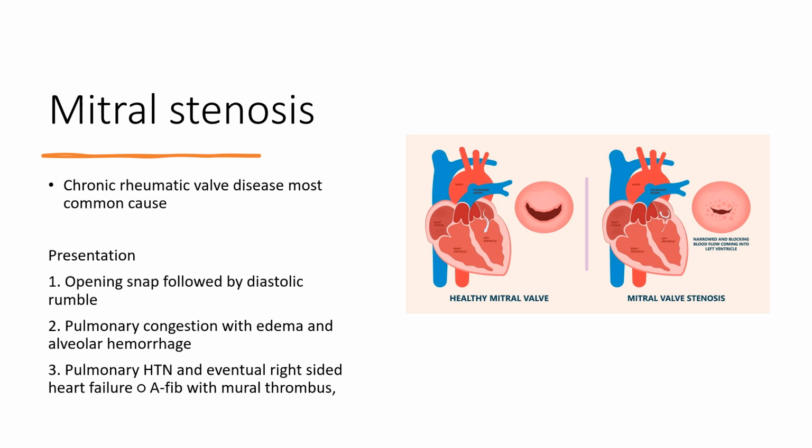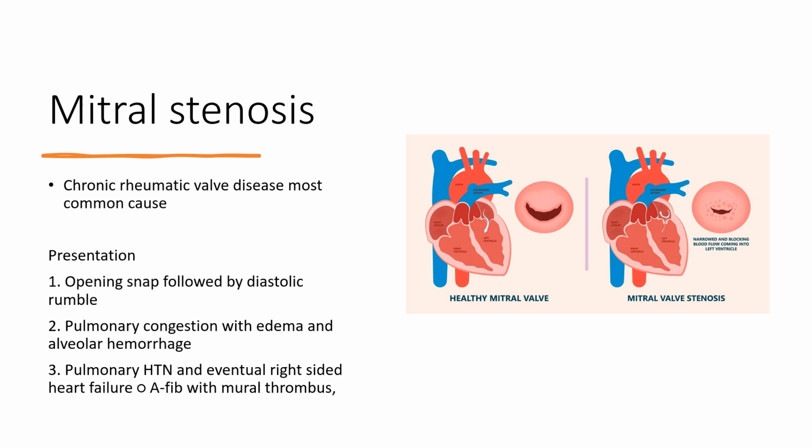So this is the last disorder which we are going to discuss: mitral stenosis. The most common cause of this is chronic rheumatic valve disease. Especially in this case, there is an opening snap followed by a diastolic rumble.